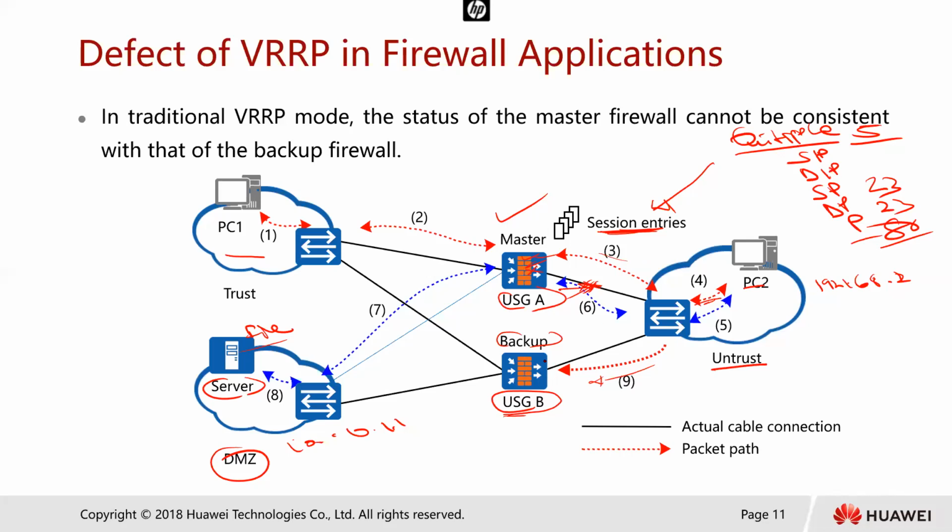And this guy is now the one: oh, I've been waiting for a very long time, I am now the master. Should you want to communicate on this network, I am the guy to talk to. Kindly go ahead and talk to me. Now, if there is a link switchover, subsequent packets cannot match the session entries on this firewall, thus resulting in a service interruption. So there is a problem.